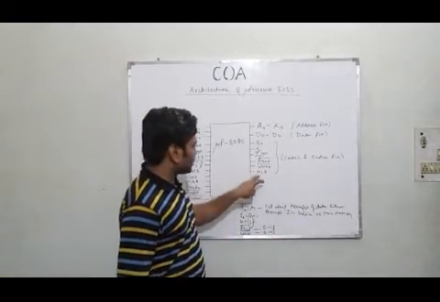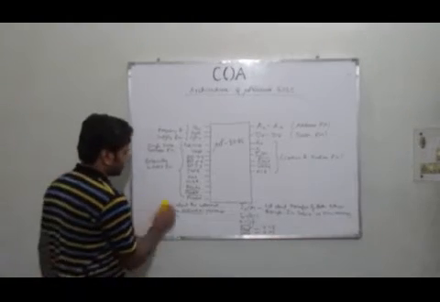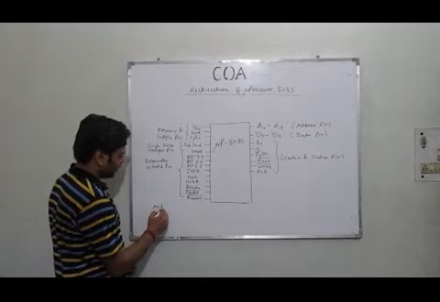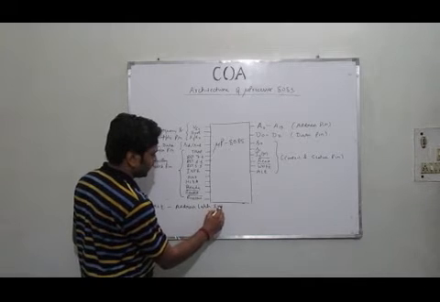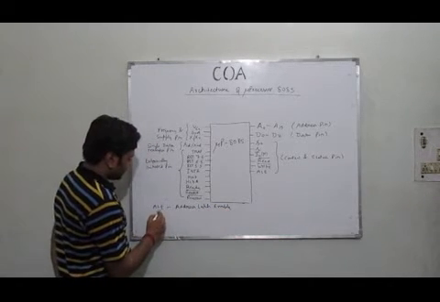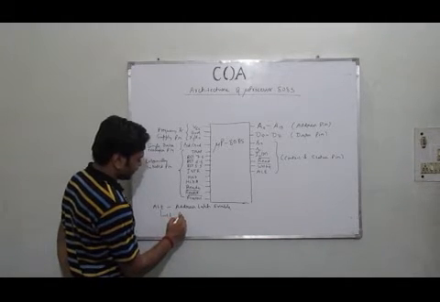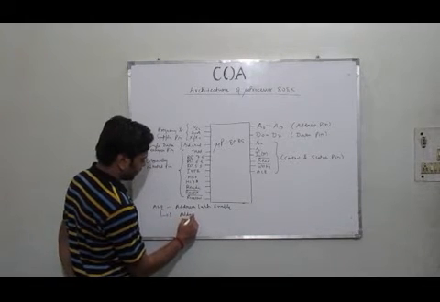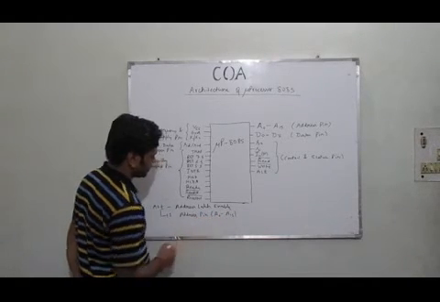Fine. The next component is ALE, let us understand what it tells about. ALE implies address latch enable. When ALE is 1, it acts as an address pin, that is A0 to A15 come into existence.